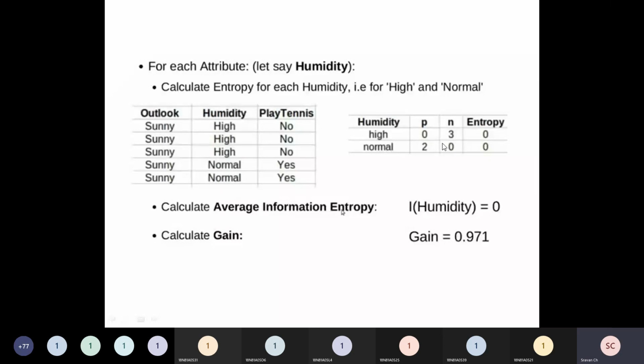Then apply that I formula, the sigma part, calculate I of humidity, right? Then gain is equal to entropy minus I of humidity, which is 0.971. See, we discussed the entire process when we were talking about the outlook parameter, right? So for the second subset table, I am not showing you the entire process because you know very well now, right?